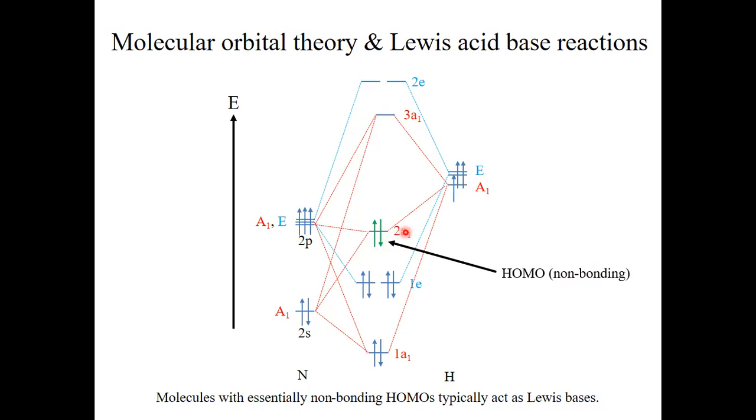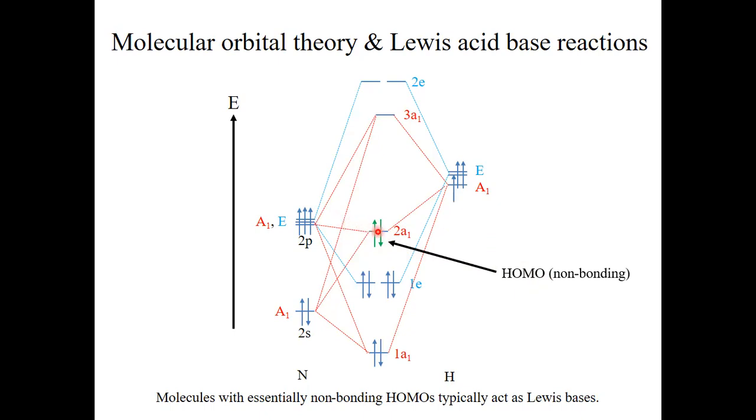Now the highest occupied molecular orbital is always the orbital with the highest energy electrons. Therefore, these electrons will be most easily donated to a partner. Now, why is the non-bonding situation for that HOMO ideal?